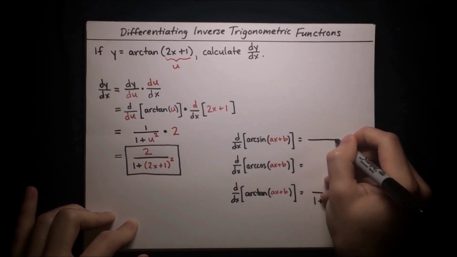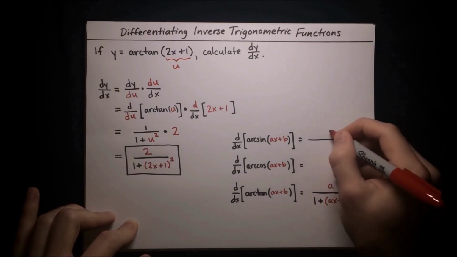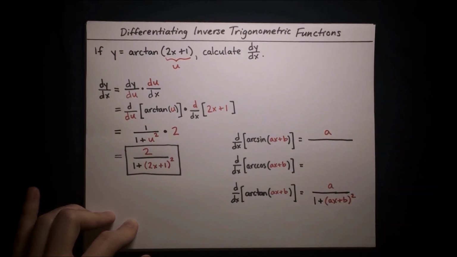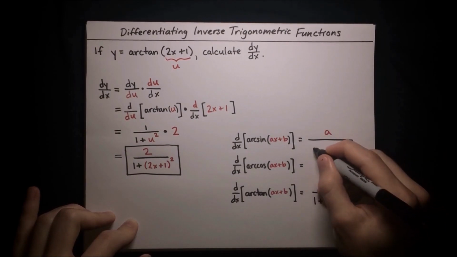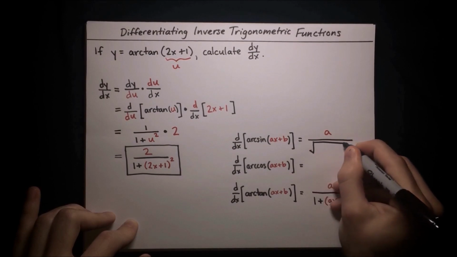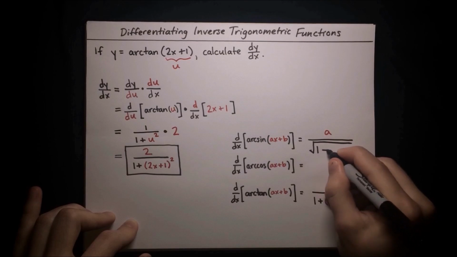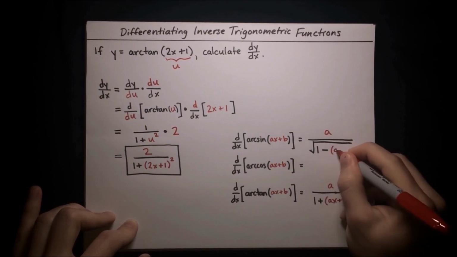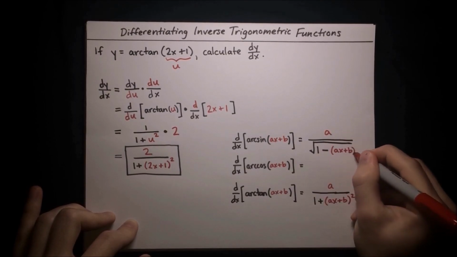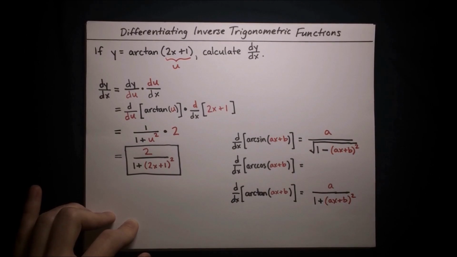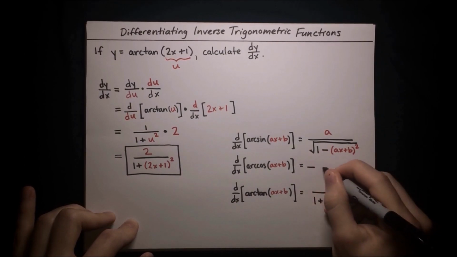Now, for arc sine, this is pretty similar. We still have an a in the numerator, but in the denominator, remember arc sine is usually root of 1 minus x squared. So when we change the input to ax plus b, we have 1 minus ax plus b squared. And lastly, the derivative of arc cosine of ax plus b. Well, remember, the derivative of arc cosine is just the negative of the derivative of arc sine.